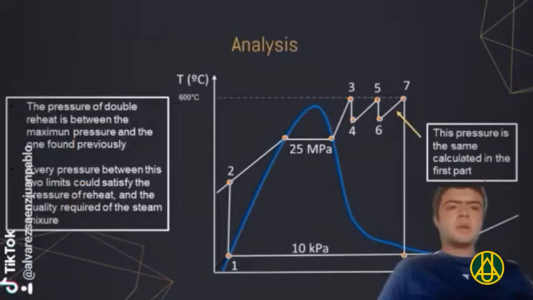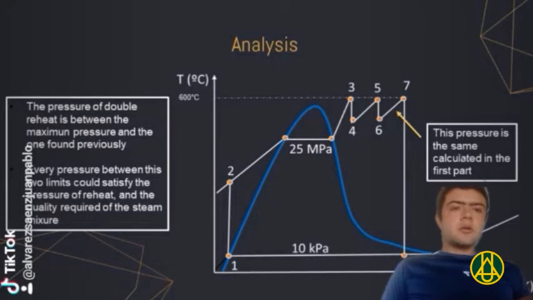Now, for the second part of the analysis of our study case, we need to know that the pressure of the double reheat is between the maximum pressure of our cycle and the one we found previously.